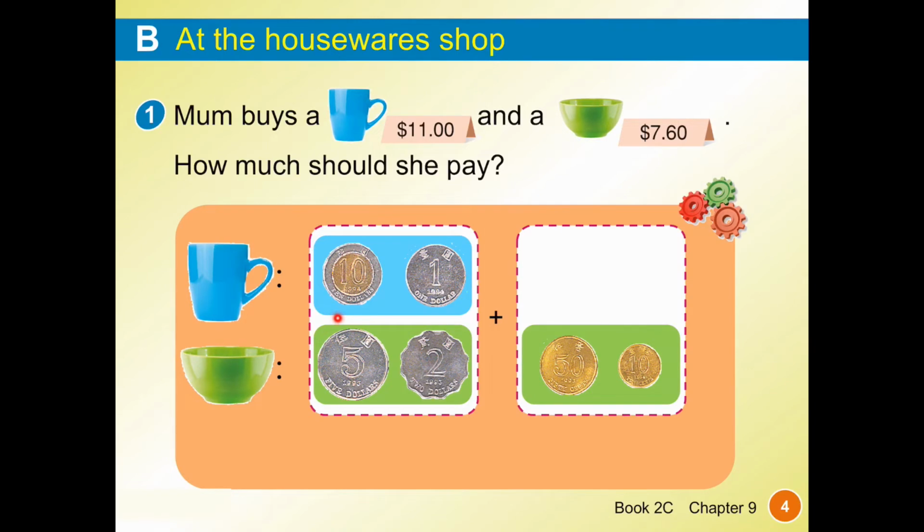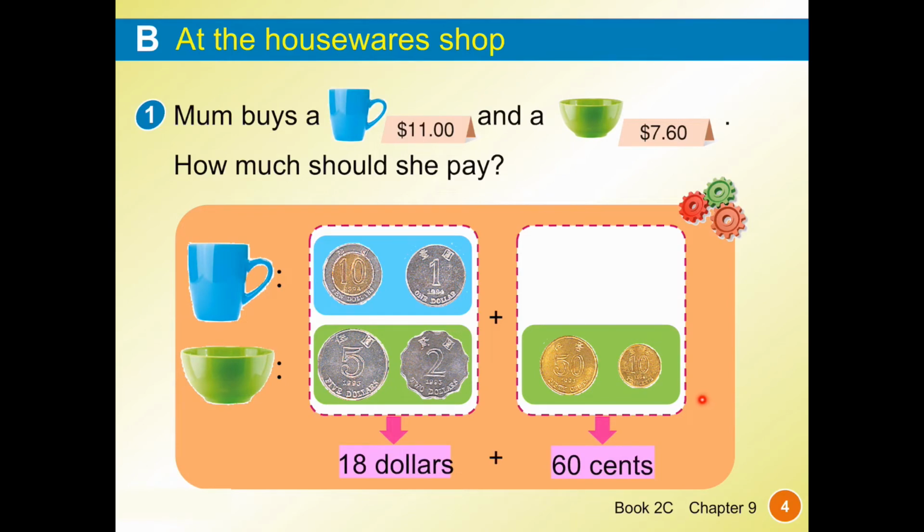And we have a $10 coin and then a $1 to make it $11 for the cup. And we have one $5 coin and a $2 coin to make up the $7 for the bowl. But do not forget the 60 cents. So we have one 50 cents and then one 10 cents.